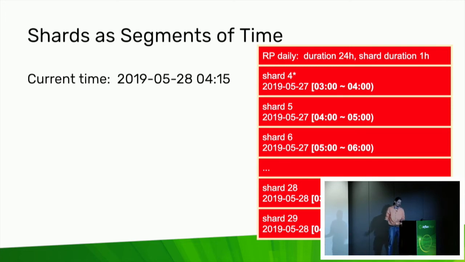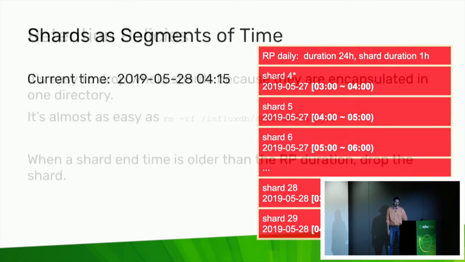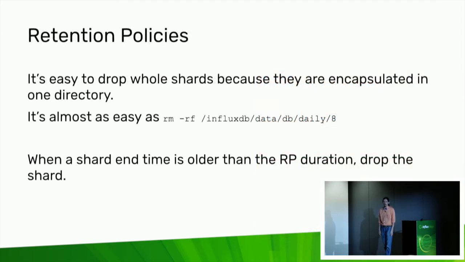So we should expect shard 4 to disappear soon and not tell us anything. So this way of doing things with shards is helpful for implementing retention policies because we simply delete the directory. When a shard has expired, we just delete the directory. It's not quite that simple, but it's almost that simple.